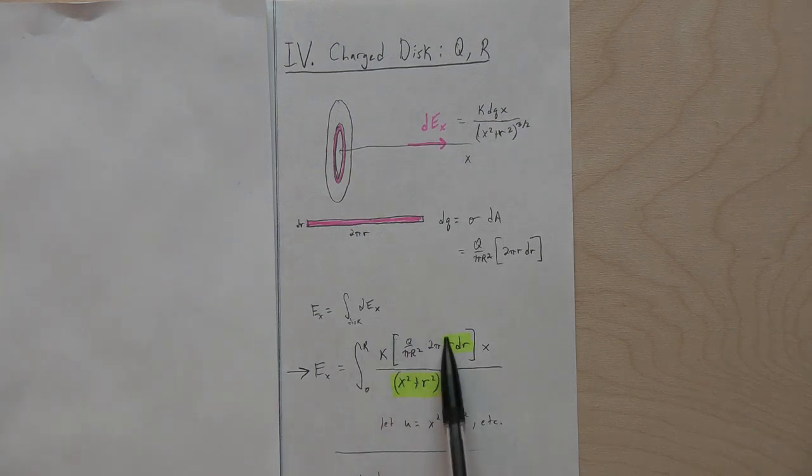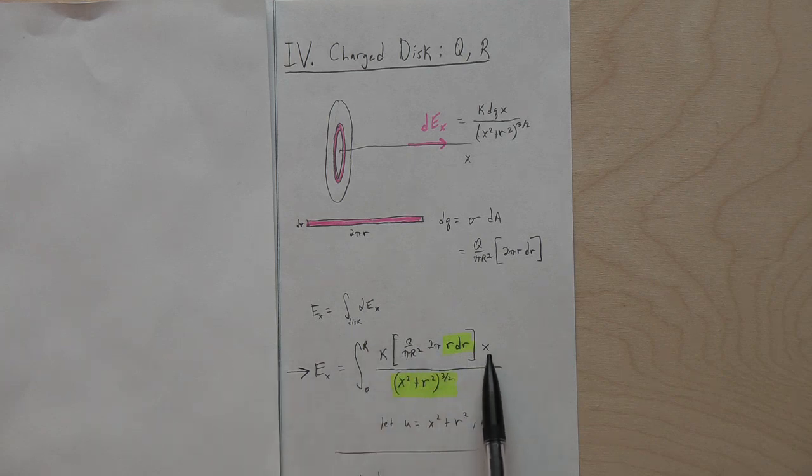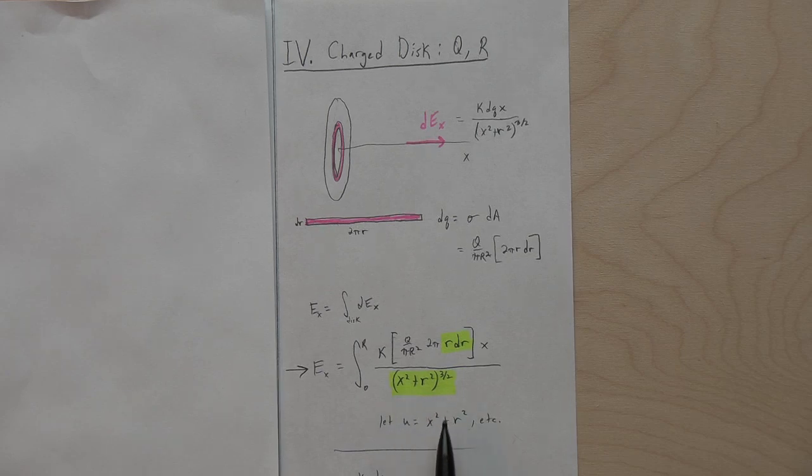All these other terms are constants, so they could come out of the integral, and the x also. So we have r dr times this to the negative 3/2. If you use a u substitution of x squared plus r squared, you can integrate this directly without memorizing the answer. It is totally doable, totally within your calculus skills. I don't show you the details, but that's the answer.